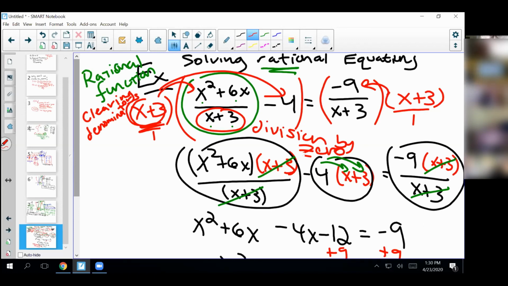So that's something to watch out for with these rational equations. It doesn't happen very often. I find that most rational equations, it's unlikely that your solution happens to also be your denominator, but something to watch out for.